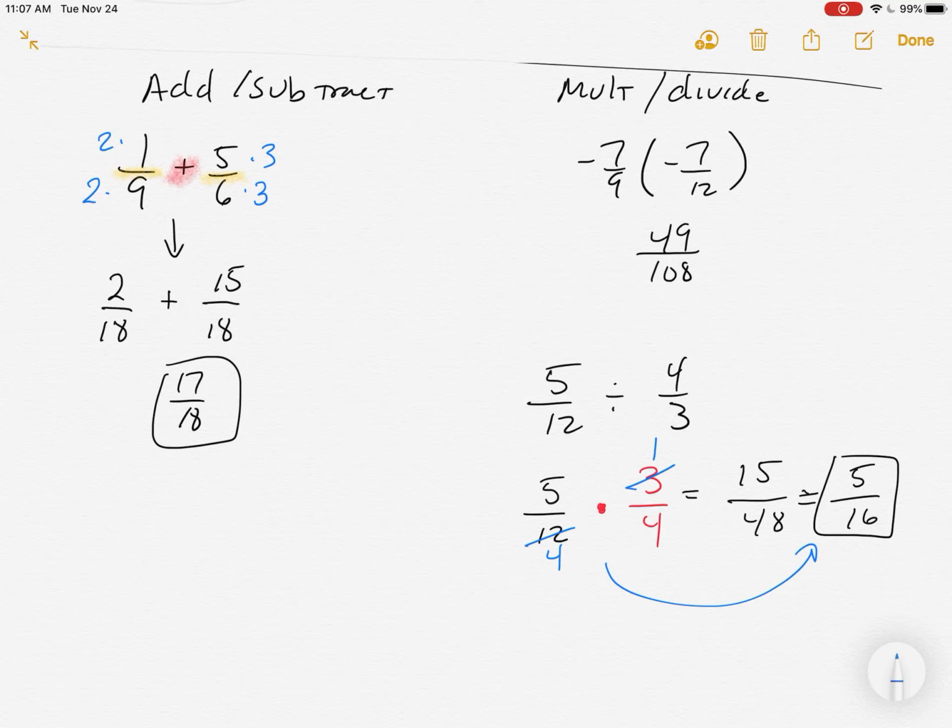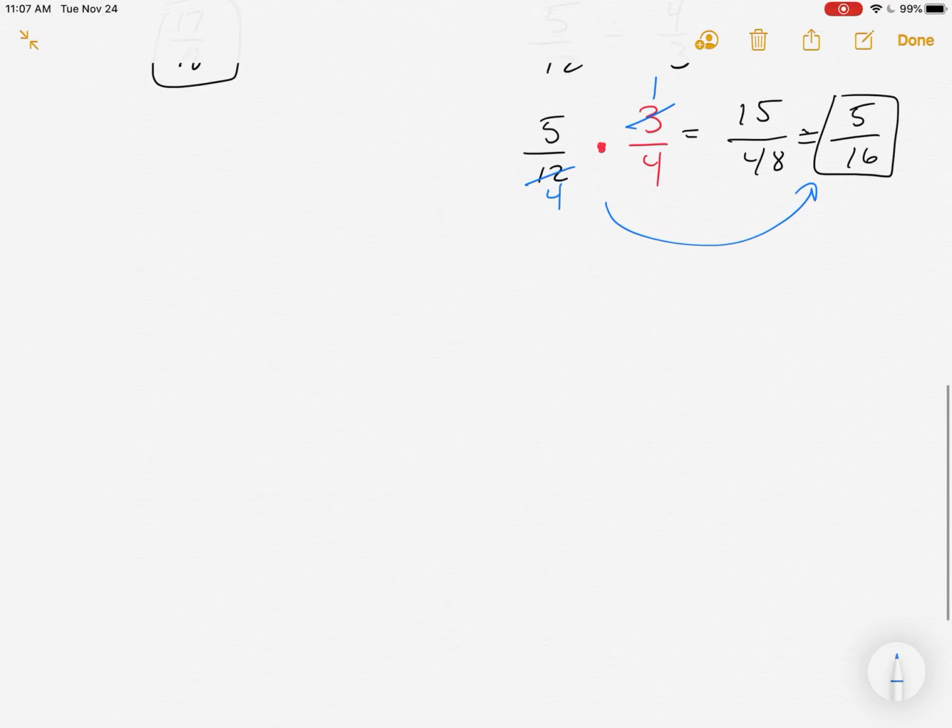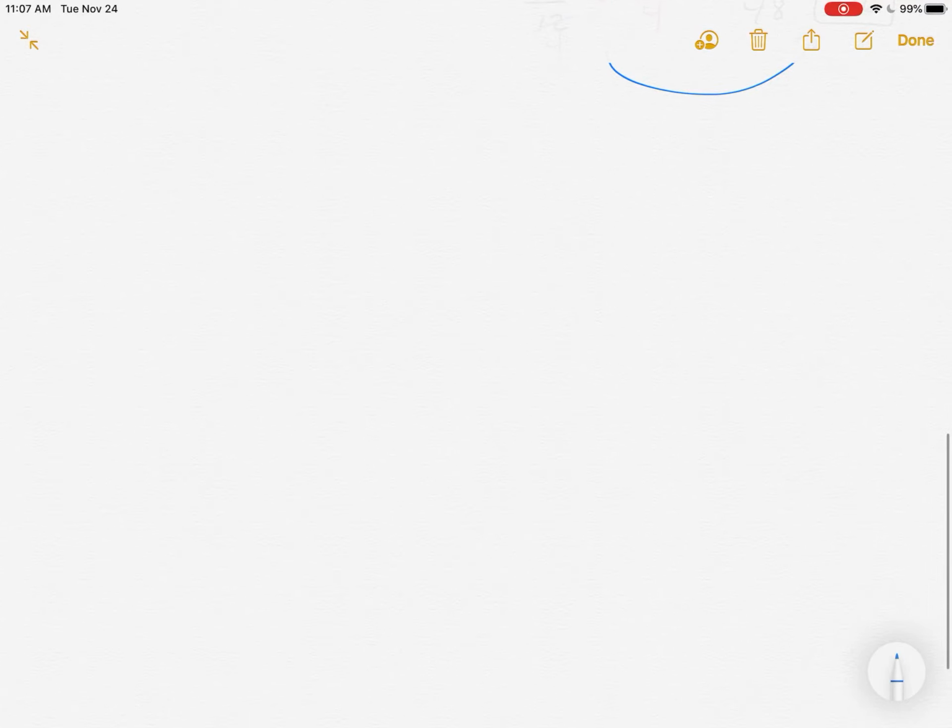Now I did pick some where you had some order of operations involved. But before I get to that, I want to make sure you remember mixed numeral addition and subtraction. So here's a problem where we have 4 3/4 plus 3 1/6.